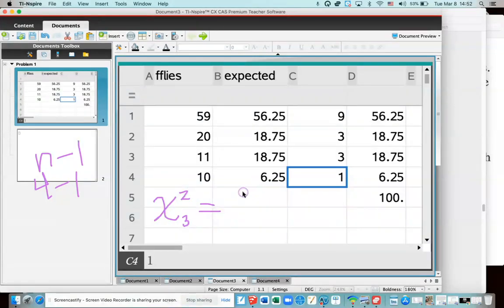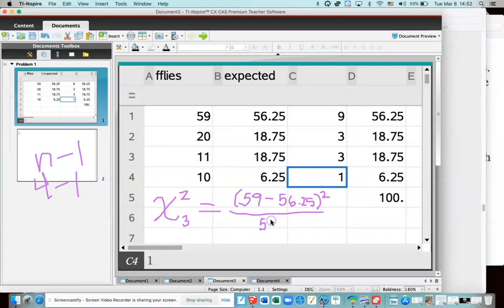Like I said before, you take your observed, 59, subtract your expected, square that number, whatever that is. Sorry, this is a little messy. Then divide by your expected again to normalize it.